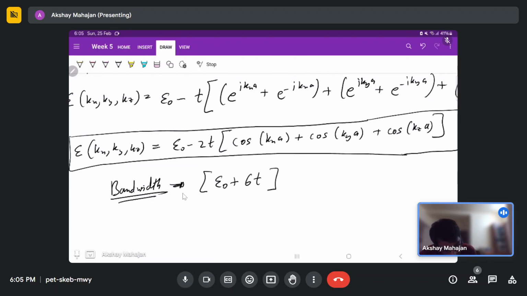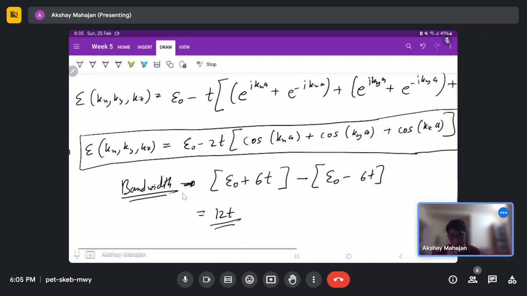So the maximum energy, epsilon naught plus 6t, minus the minimum energy, epsilon naught minus 6t, gives the bandwidth equal to 12t. So this was the question in one of the assignments as well. The answer, I guess, is given as 12 in that one. So this is how it comes.